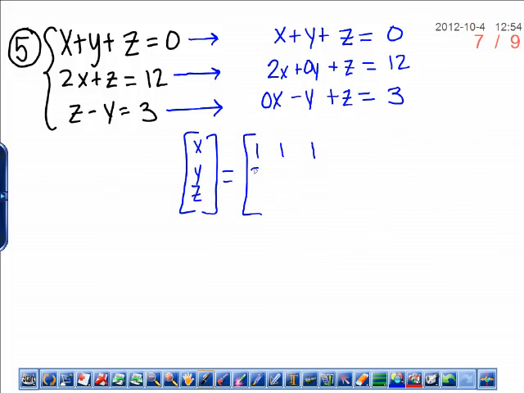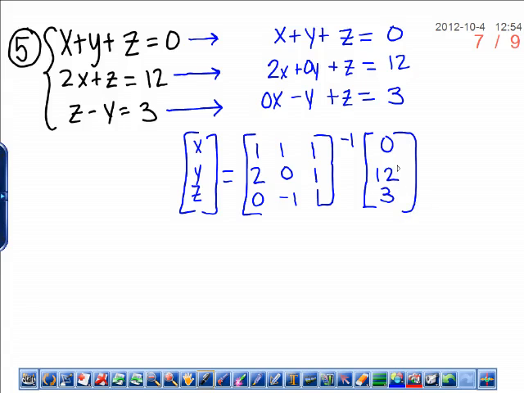The second row is going to be 2, 0, 1. And the bottom row is going to be -1, 0, -1, 1. The inverse of that times my solution matrix. So what's that going to be? 0, 12, 3. Does that help those of you that were a little confused on starting?